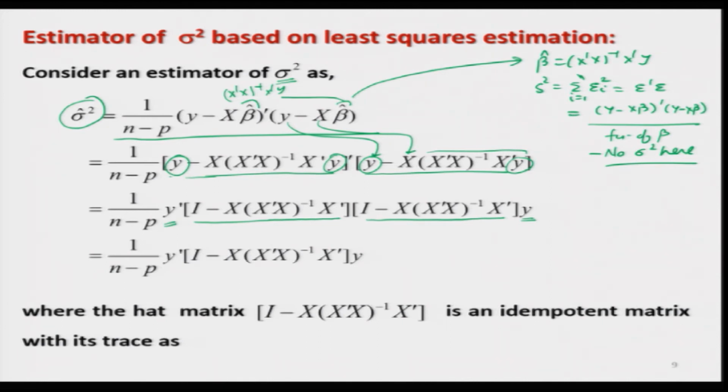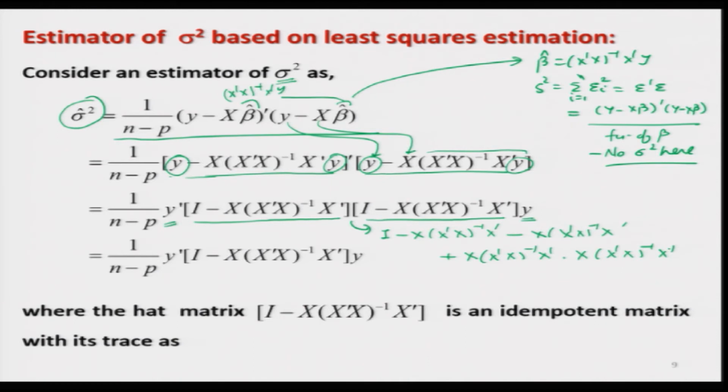If you multiply it, you can see this is I minus X (X transpose X) whole inverse X transpose, minus X (X transpose X) whole inverse X transpose, plus X (X transpose X) whole inverse X transpose into X (X transpose X) whole inverse X transpose.